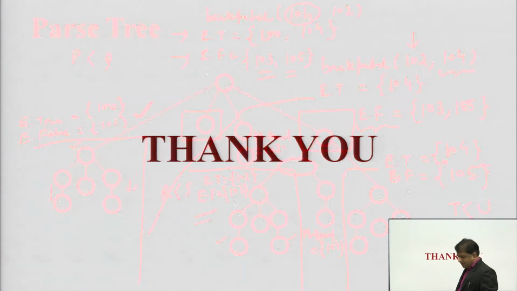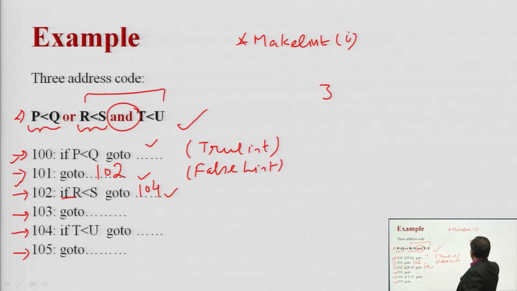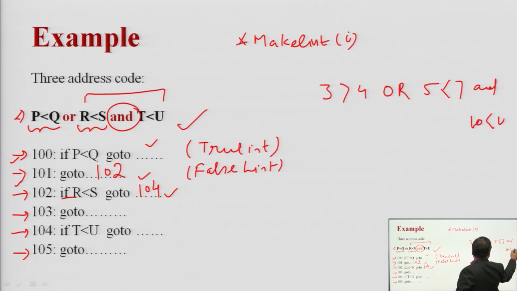Let us have an example. Suppose 3 is greater than 4 or 5 is less than 7 and 10 is less than 11. So, 3 is greater than 4, is this true or false? This is false, right.